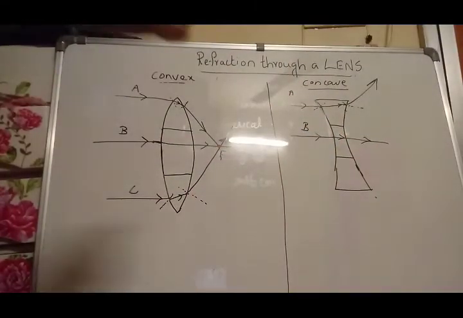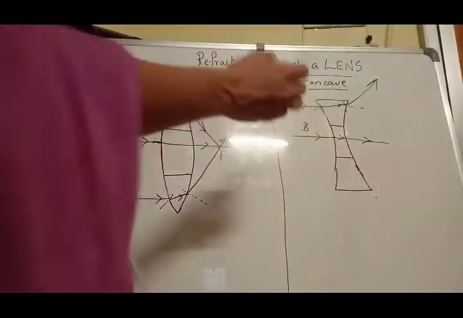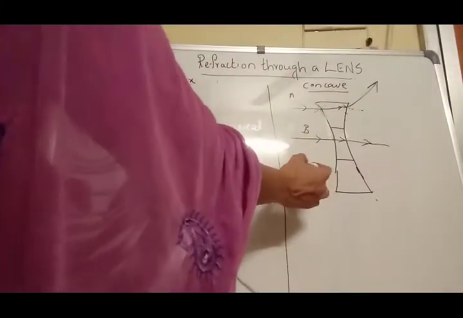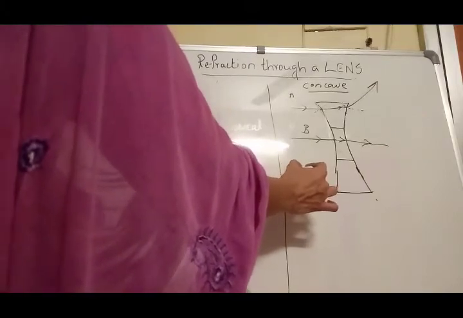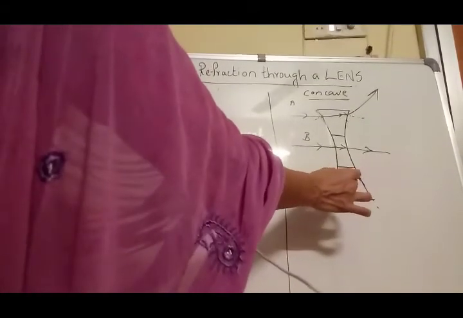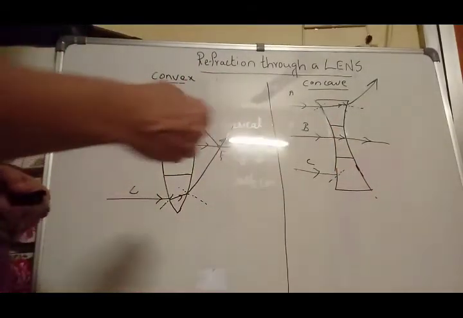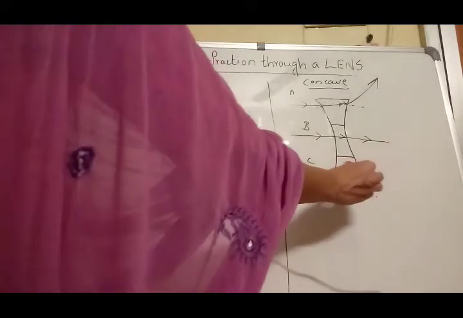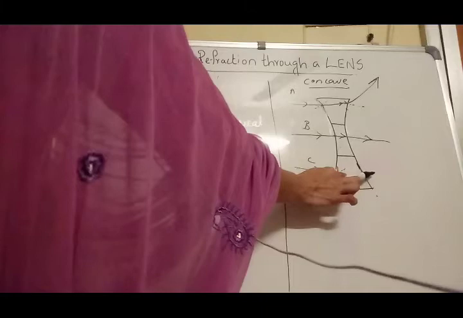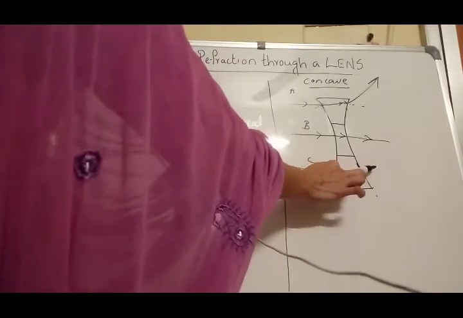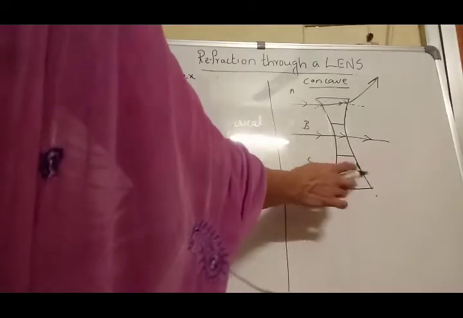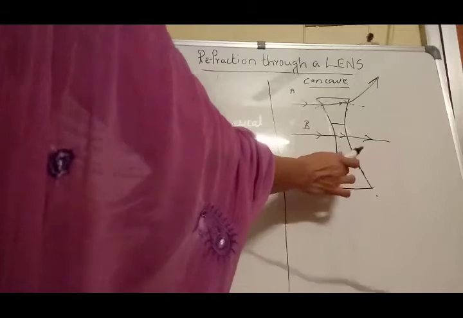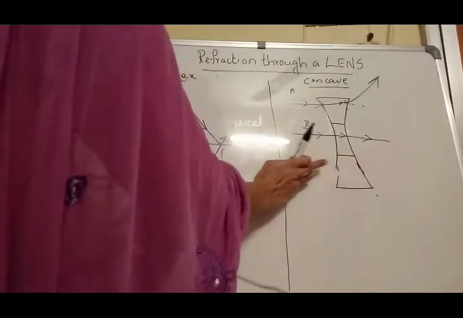Now when you take the third ray, that is the ray which is falling on the lower portion of the lens, it reaches here. Here you have to draw a normal. I have drawn the normal incorrectly, I'll draw it once more.